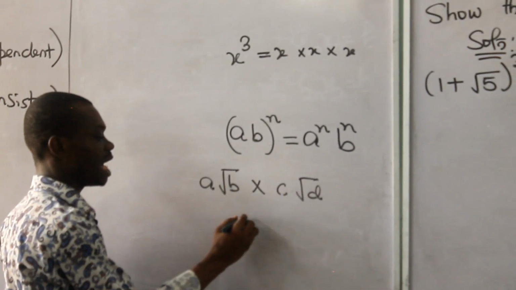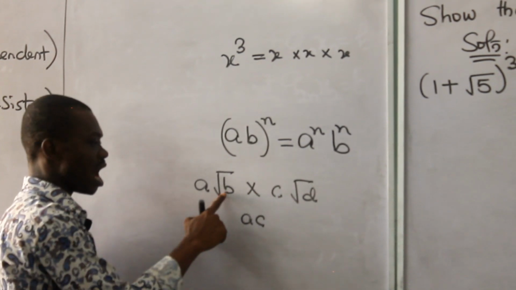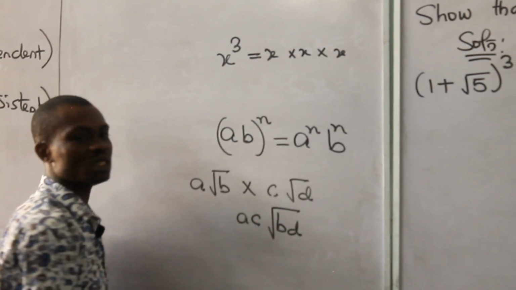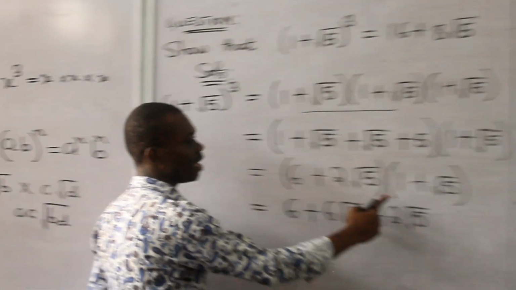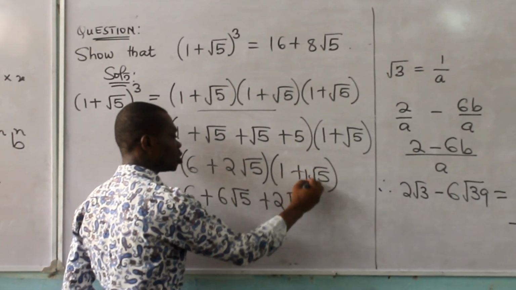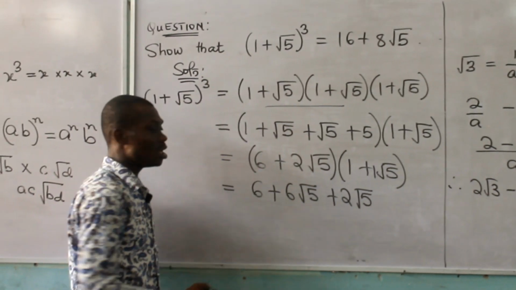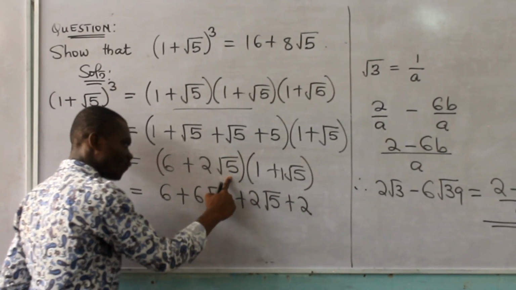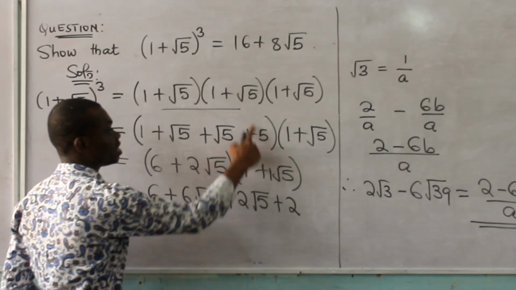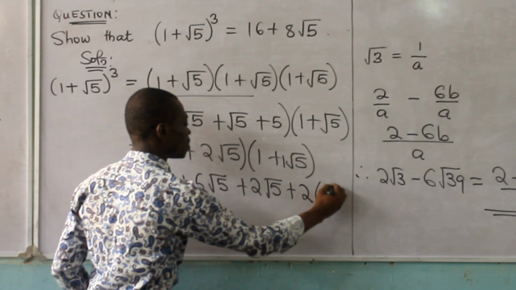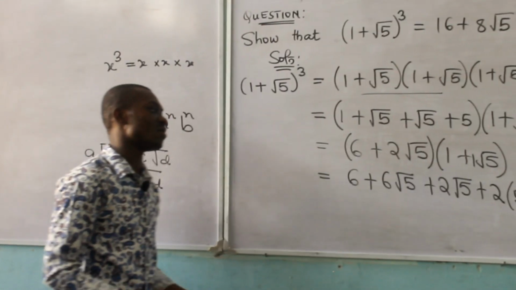So a will multiply c to give us ac, and root will multiply root to give us root of bd. So the same is going to happen here. You're having 2 root 5 times root 5. Remember that the rational part here is 1. So 2 times 1 is going to give us 2, and root 5 will multiply root 5. Remember we said here that it is equal to 5. So that 5 will multiply this 2. And that is our expansion.